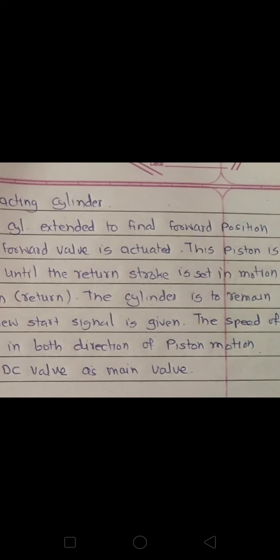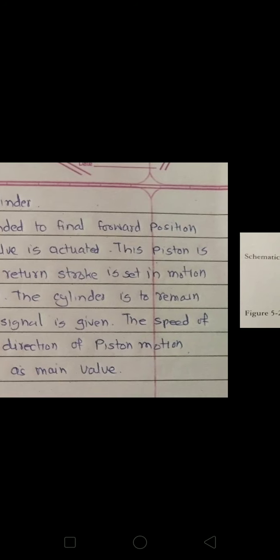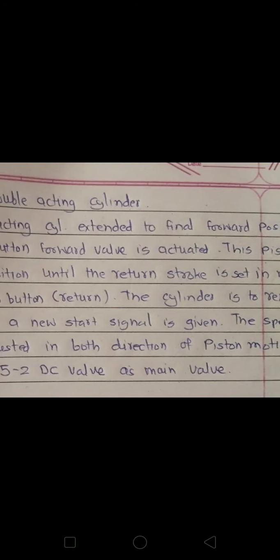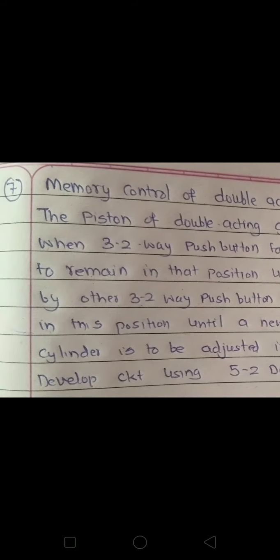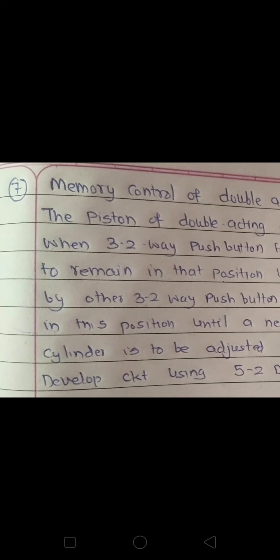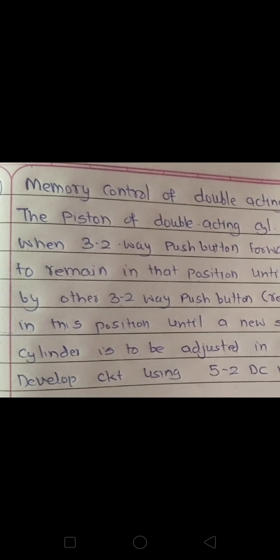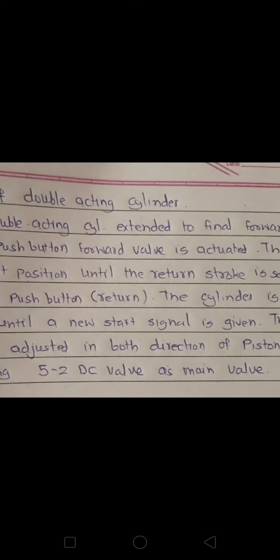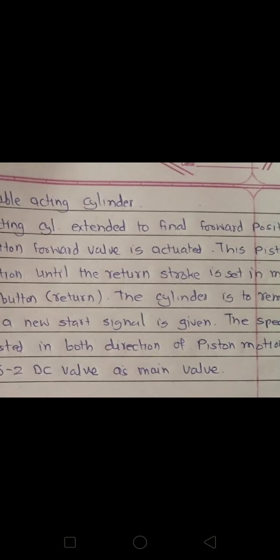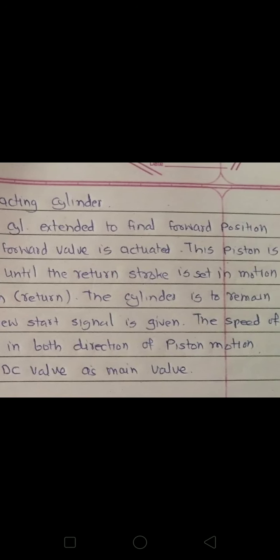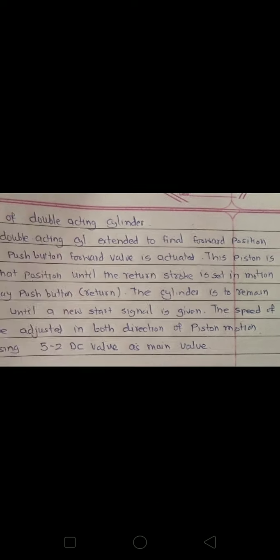The speed of the cylinder is to be adjusted in both directions of piston motion. You have to develop a circuit using a 5x2 DC valve as the main valve from where you are controlling it.